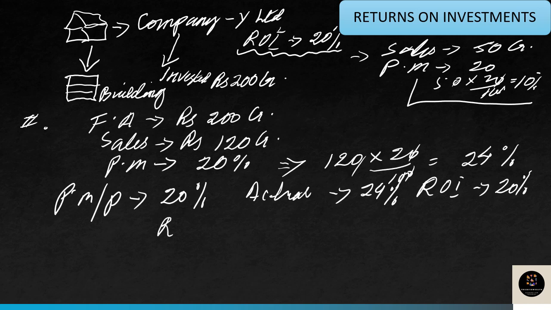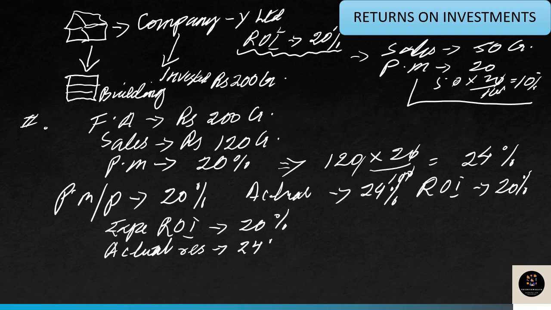So profitability of the business and return on investment expected is 20%, and at the end of the period the actual return is 24%.